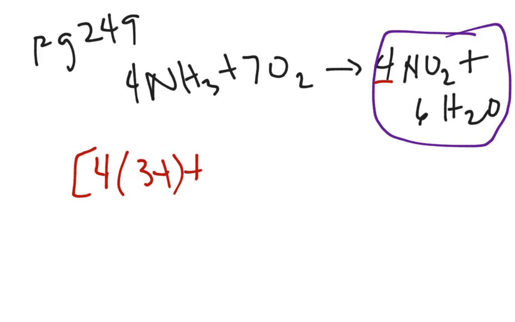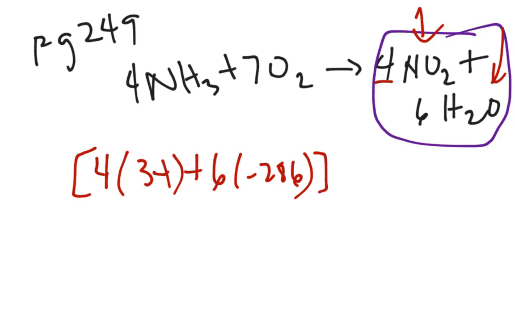Then my second product has 6 moles, and water is negative 286 kilojoules. So I'm adding these two products together with their molar ratio times their enthalpy.